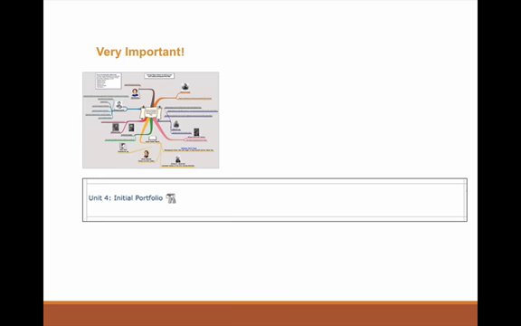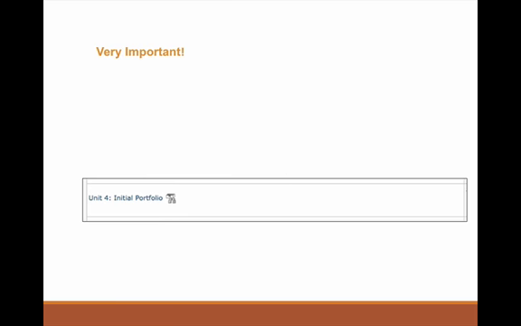You are going to submit first your graphic organizer, and then secondly you're going to submit the Word document in which you copied and pasted your link to your portfolio. That's also going to go to your Dropbox, so you will have two files uploaded.